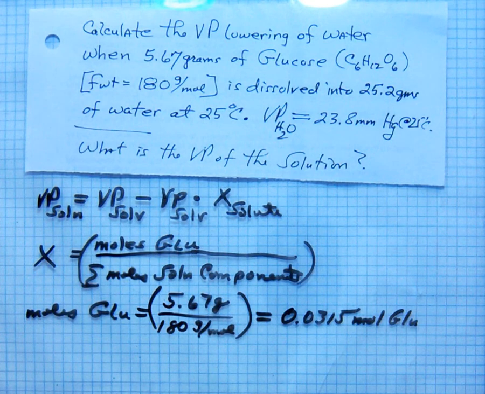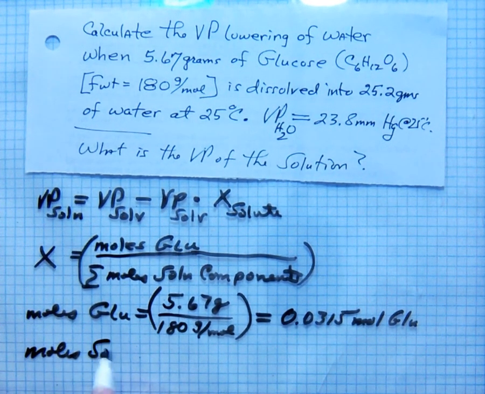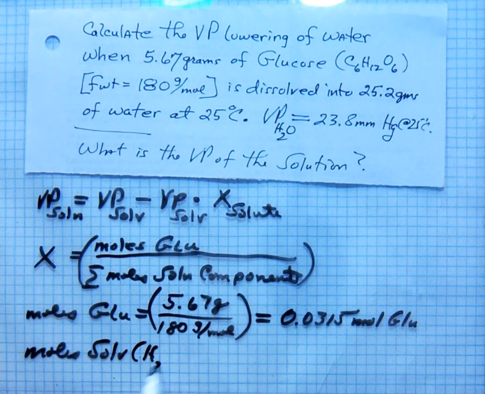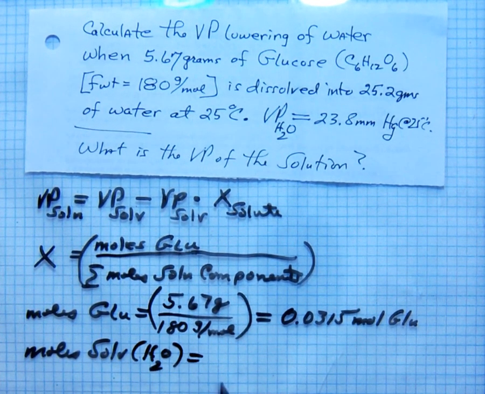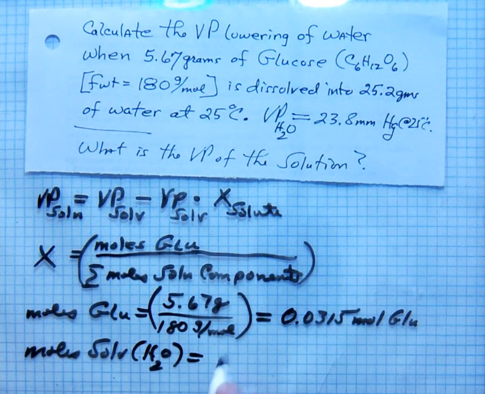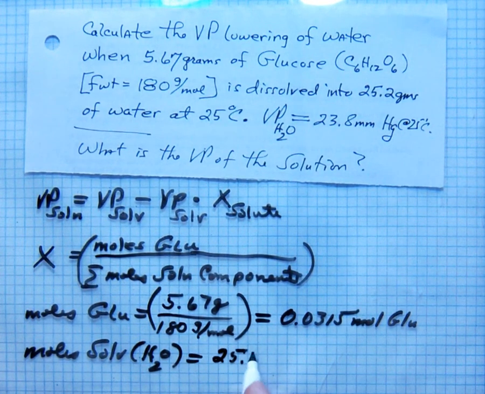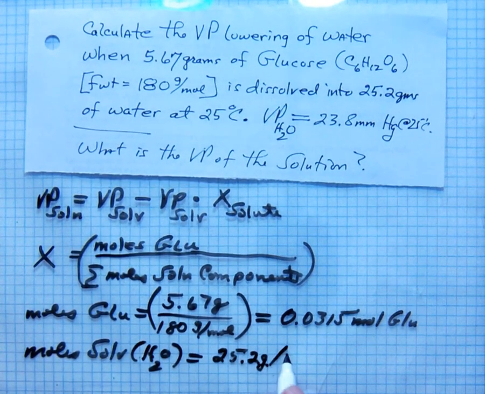Moles of solvent, which is the water, we have 25.2 grams, 18 grams per mole. 25.2 grams divided by 18 grams per mole.